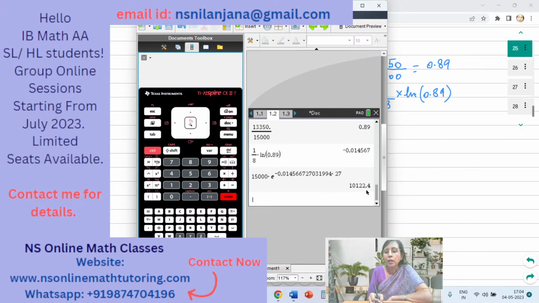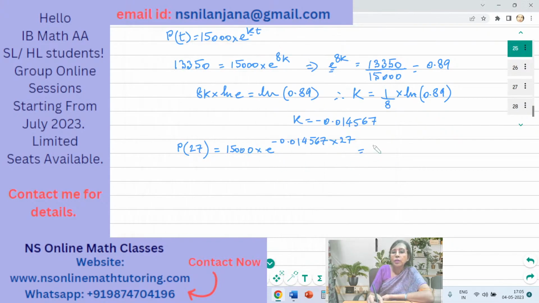Okay, so 10,1 2.4. If we are asked to give, of course, we have to give our final answer up to 3 significant figures. So it will be 10100. It is not just 101. It is 10100 up to 3 significant figures.